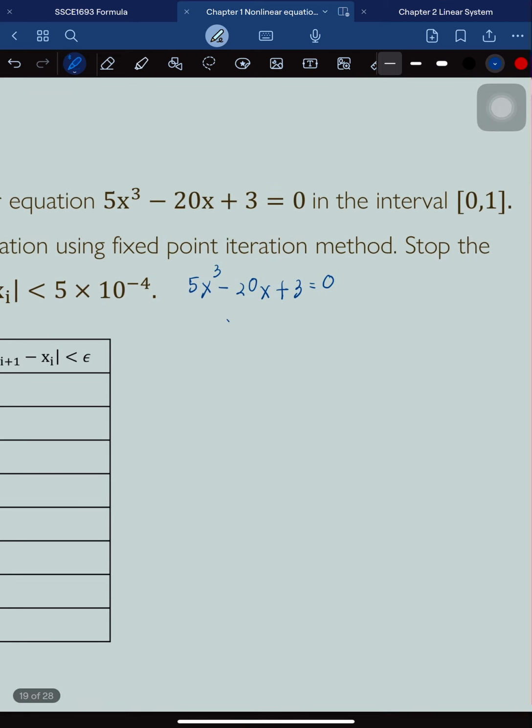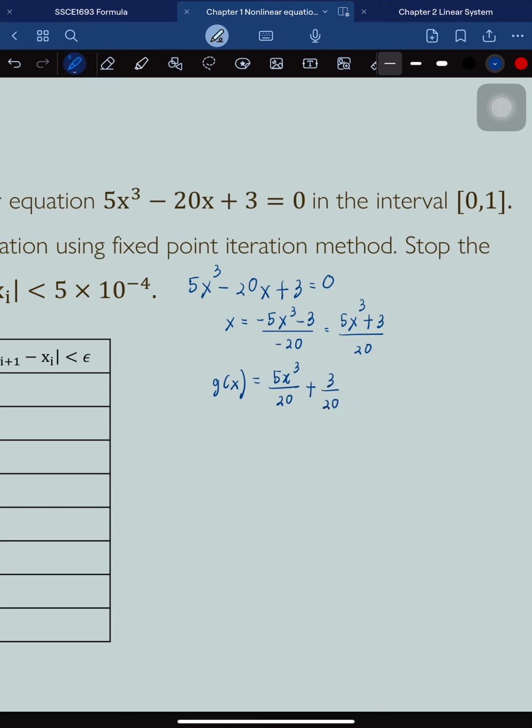The first x is x equal to negative 5x cubed minus 3 over negative 20, or equal to 5x cubed plus 3 over 20. So this becomes your g(x). Your g(x) is 5x cubed over 20 plus 3 over 20.